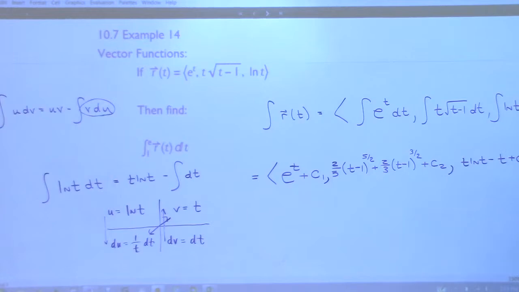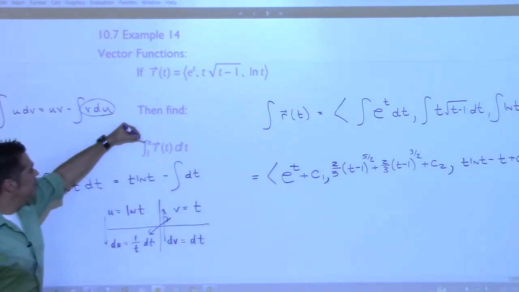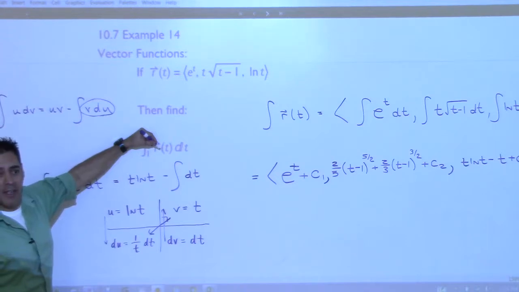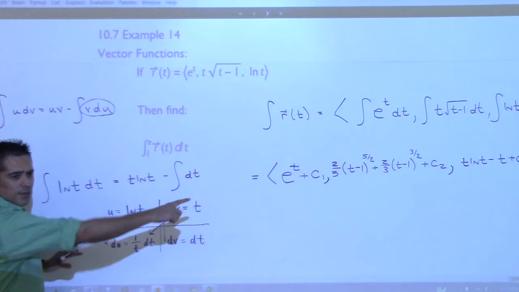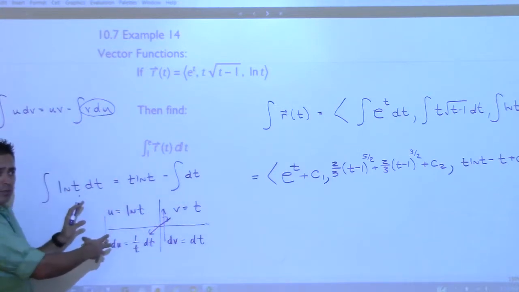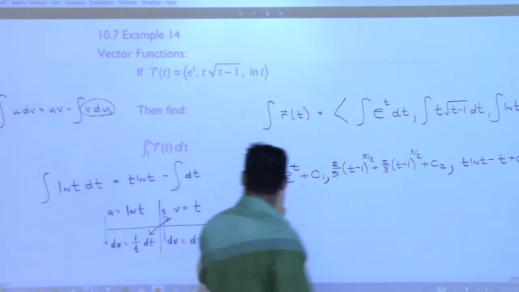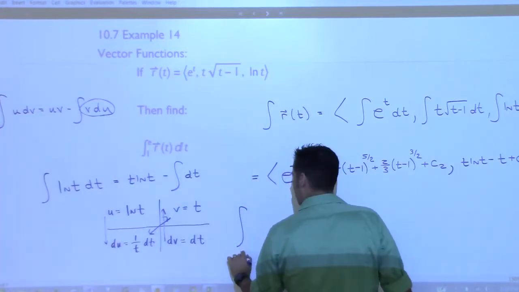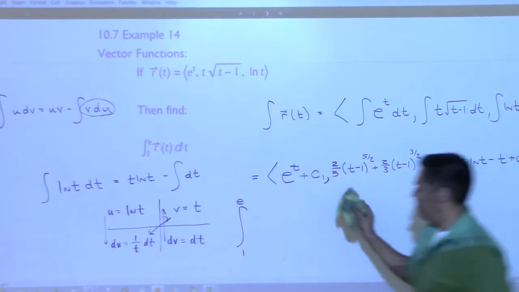Now we are asked to find the integral from 1 to e of this. So we actually wanted the definite integral, right? But I knew it was going to take some time for us to get a few of those, so that's why I did indefinite integrals first. So how do we do the definite integral then? If we're going to go from 1 to e, let me erase some stuff so I can have more room.